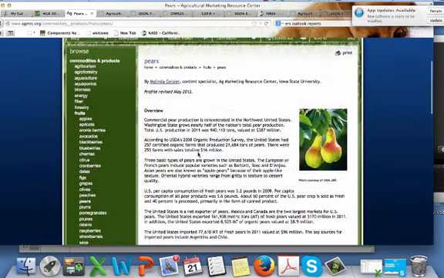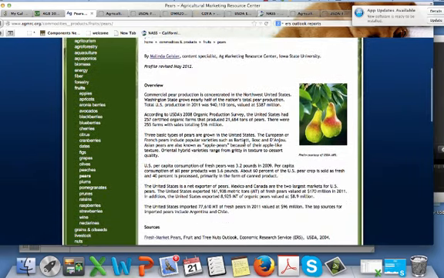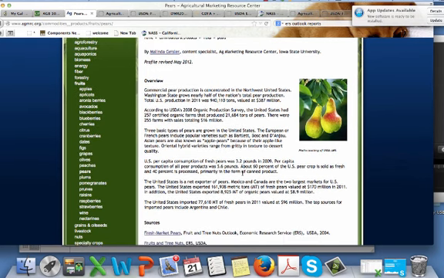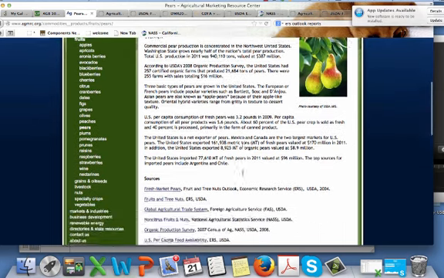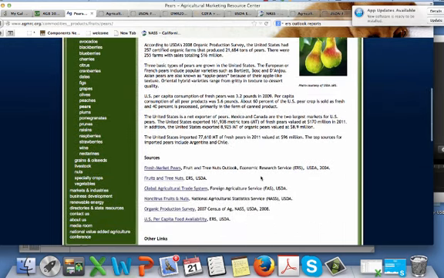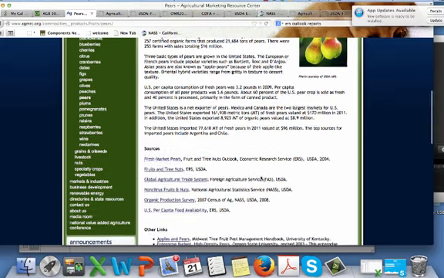So this will give you a nice overview, it's basically an overview of U.S. production, but it will give you an idea of per capita consumption. It will give you an idea about whether we are a net exporter or importer, and it will also give you a lot of links. Now, you have to pay attention to these links.